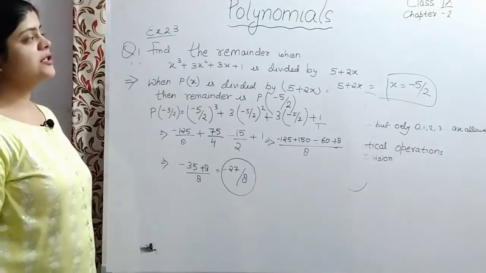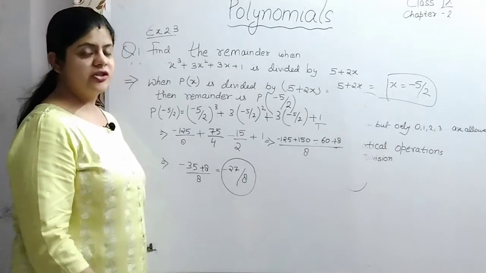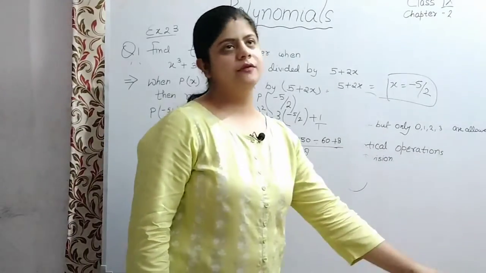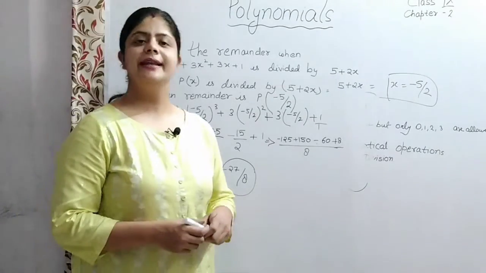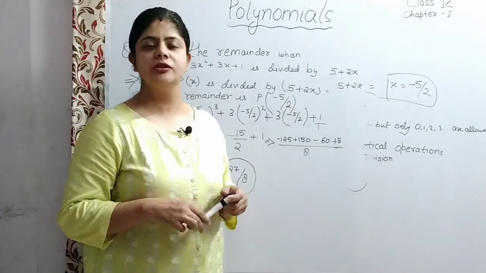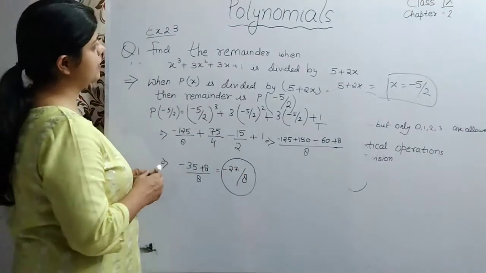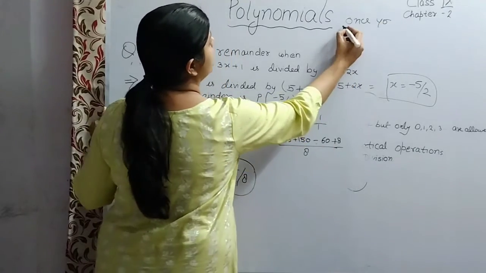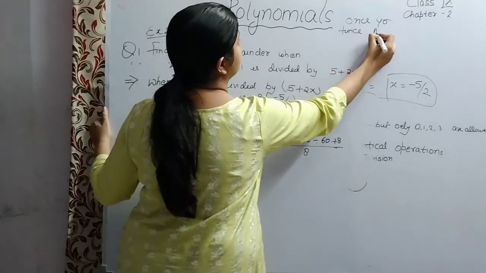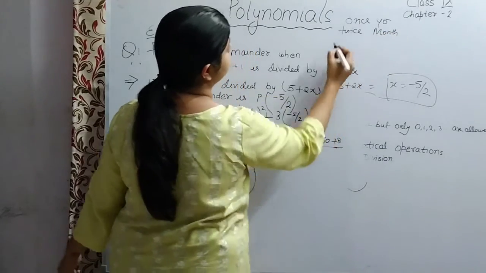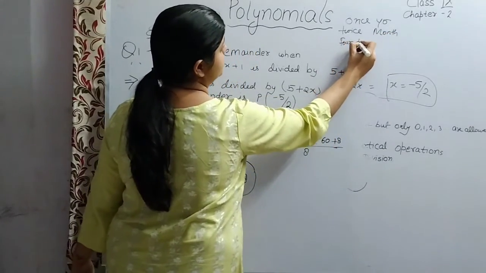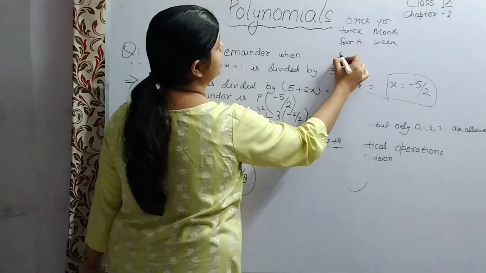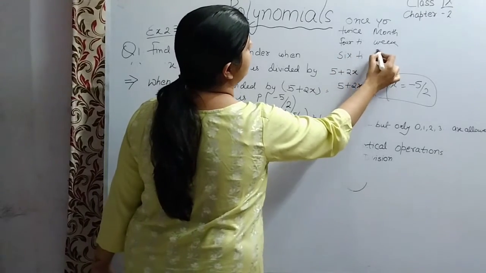Now, the solution of the last tricky question which I gave you yesterday. The question was: name the thing which comes once in a year, twice in a month, 4 times in a week, and 6 times in a day.